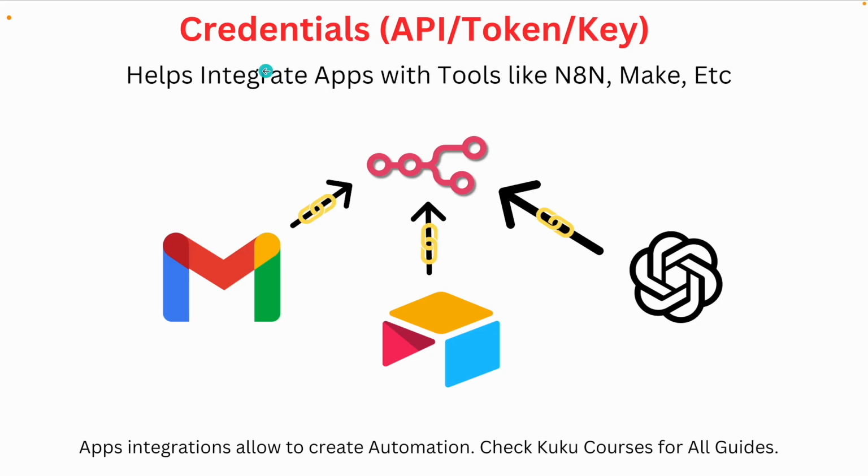Now guys, we are going to talk about credentials. So guys, when we talk about N8N, N8N basically calls different apps. That means Gmail, maybe OpenAI or other applications are all considered as apps.